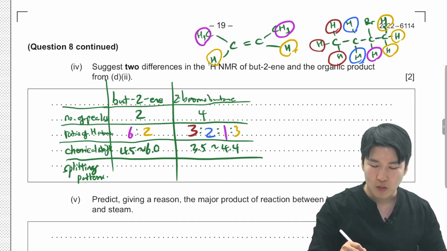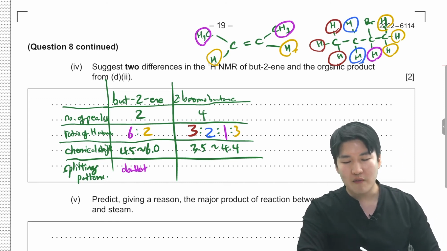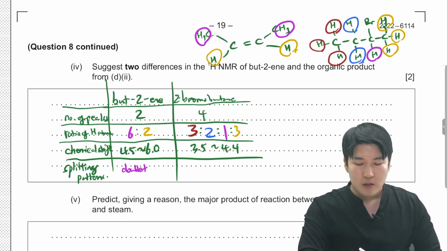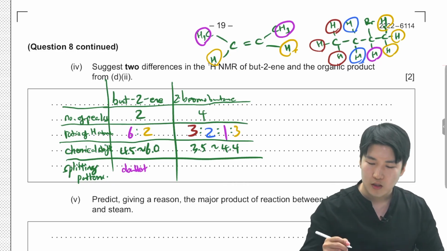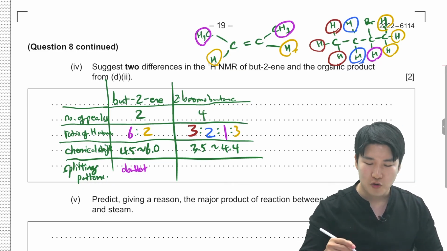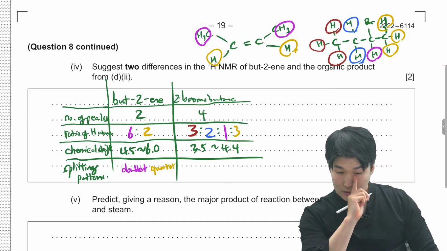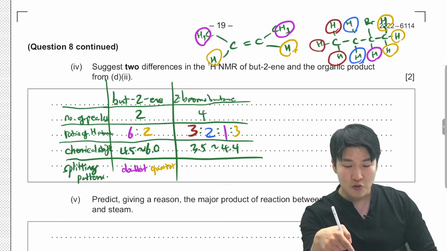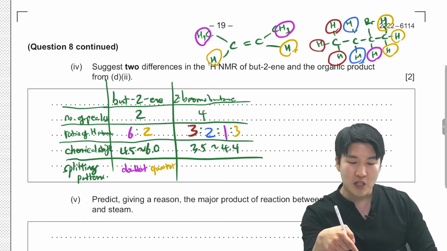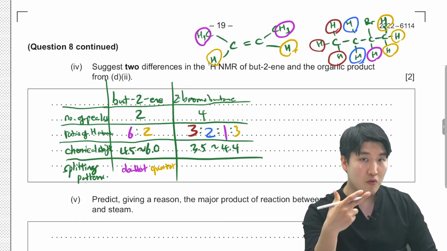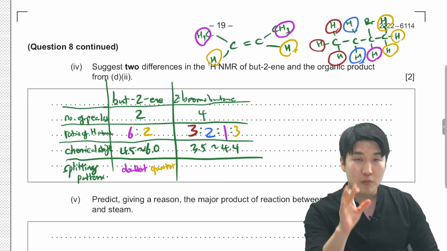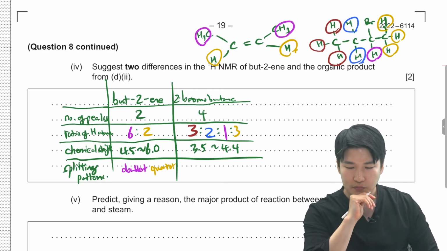The CH3 will have a doublet peak, while the CH hydrogen environment will have a quartet. The CH hydrogen is adjacent to a carbon with 3 hydrogens, and therefore 3 plus 1, a quartet.